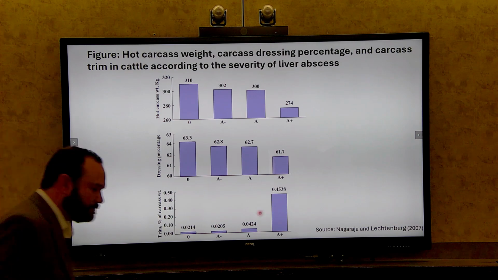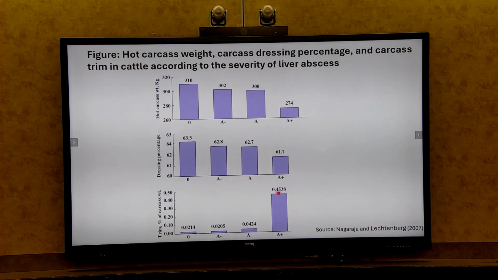And here you can see the increase in trim that is occurring on those carcasses when they're being butchered in the plants, to account for the fact that sometimes these abscesses will adhere to the walls of the carcass, and they need to cut away some of that to get rid of some questionable meat.